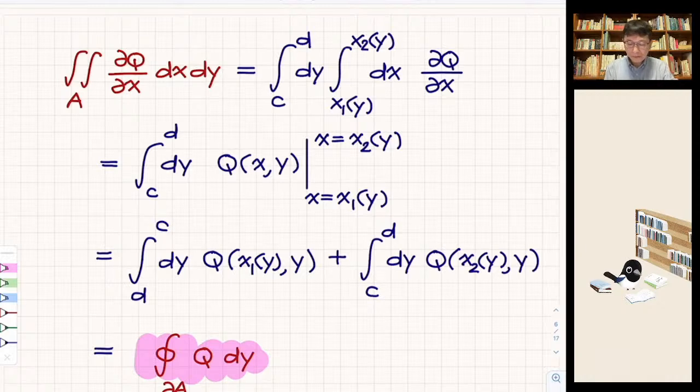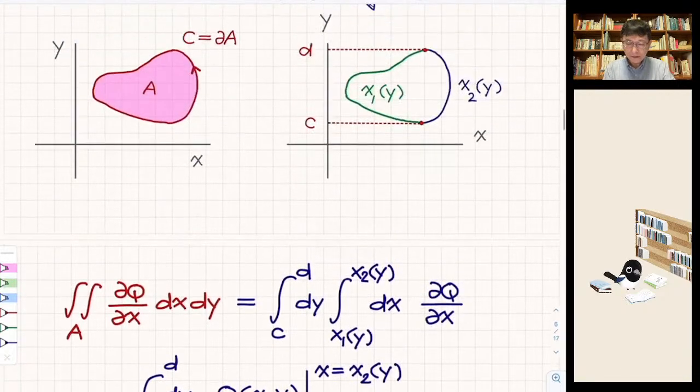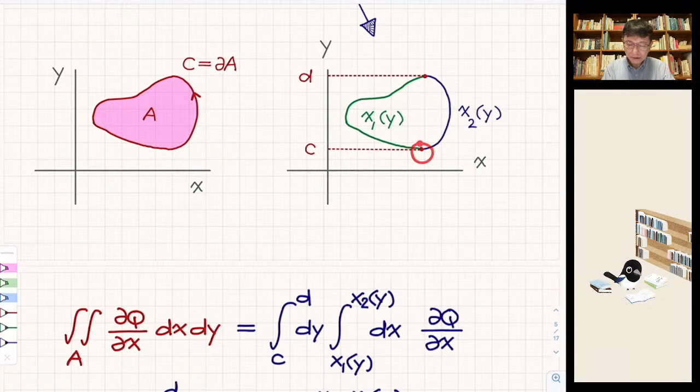Okay, so for instance, for the C to D, and then this x2 as a function of y, like this one, that means you're integrating from C to D, but the x, y coordinate follows this curve here. And this is treated as x2y and y, right? So that's the definition of the contour.